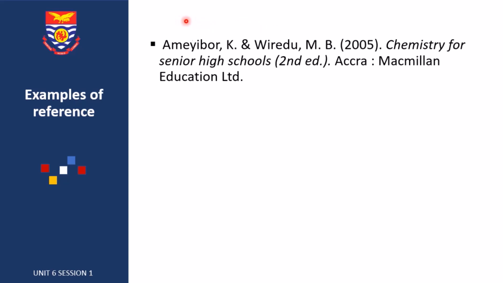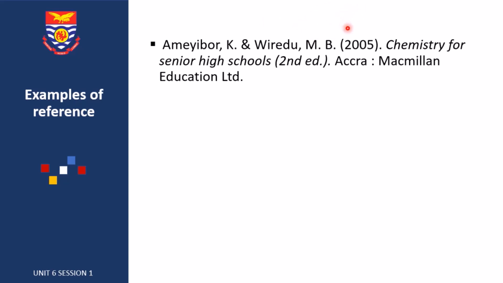Here, because there are only 2 authors, we assume this to be the last but one and Redu to be the last. So between them, we use this ampersand to separate them. Then these are the initials of the first names of Redu.